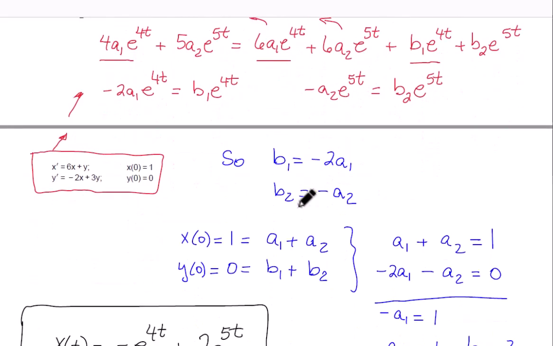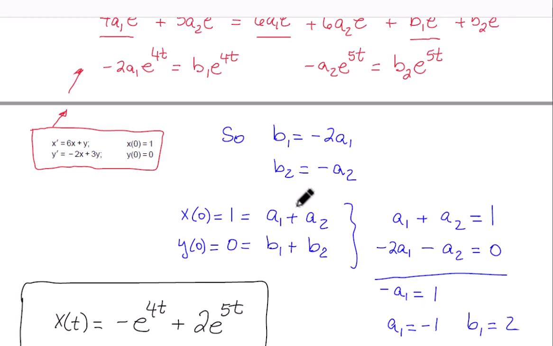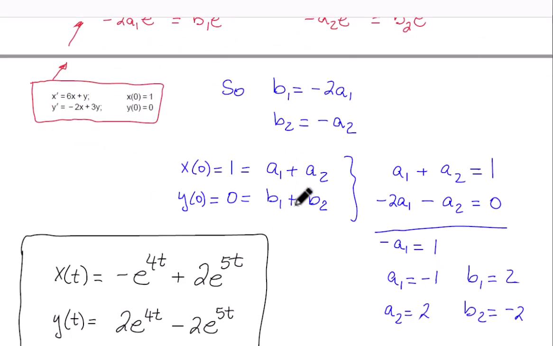All right, so now if I use what I know about all this stuff, plug in my initial conditions, I get this system. Notice if I just plugged it in using my first answer, nothing was going to cancel because these don't match. But when you put in the determination of how the b's depend on the a's, it's now all related to A1 and A2, and you can simply add these.